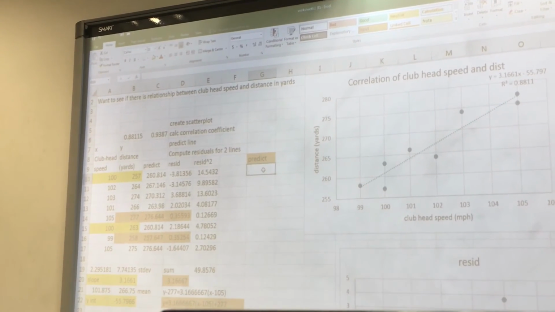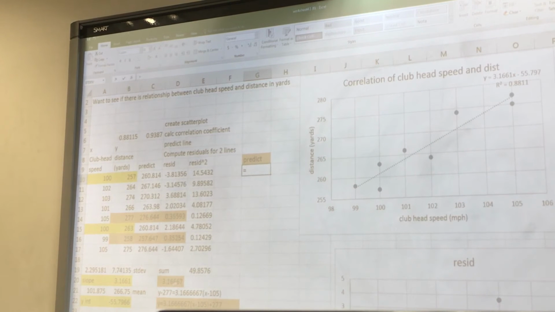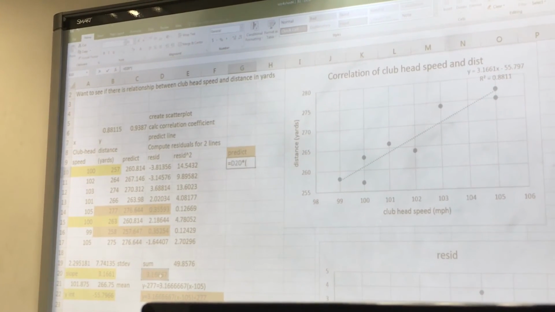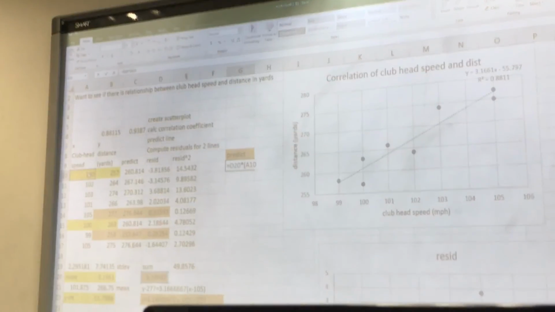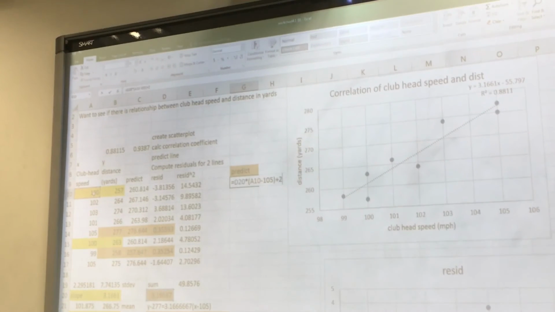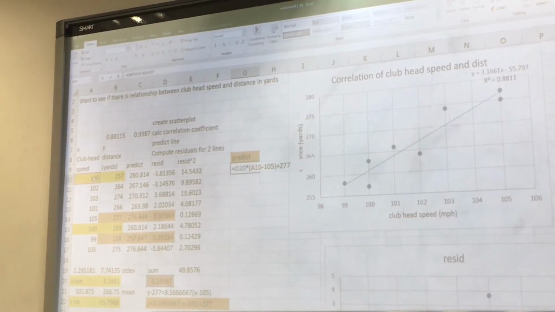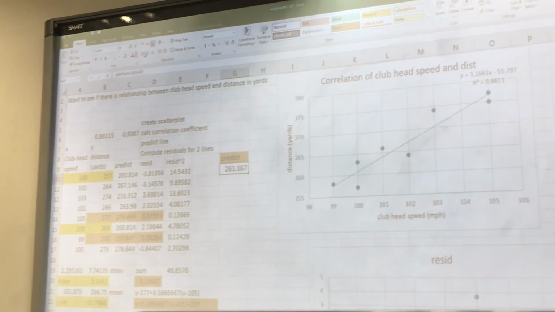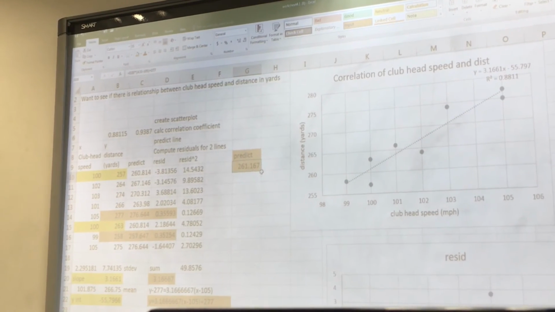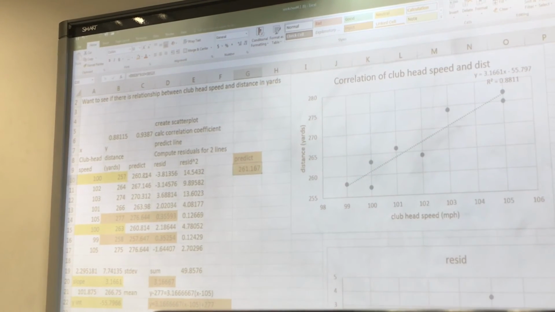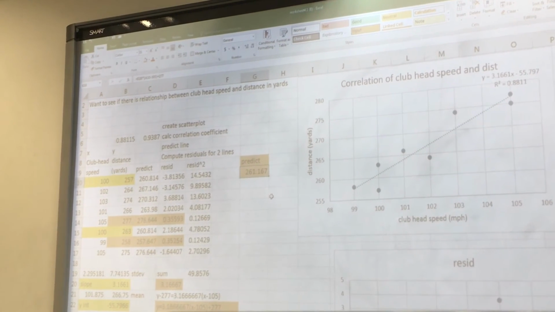We're going to take her slope, multiply that times the club head speed, subtract 105, and add 277. So here's the interesting thing. She predicted it would have gone just a tiny bit farther on hers.